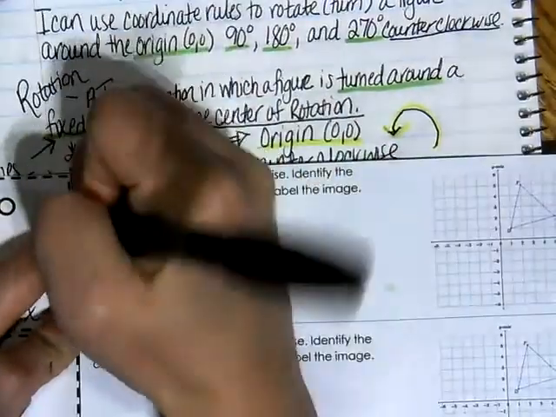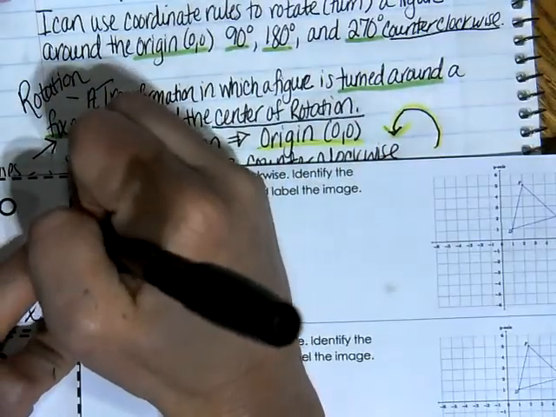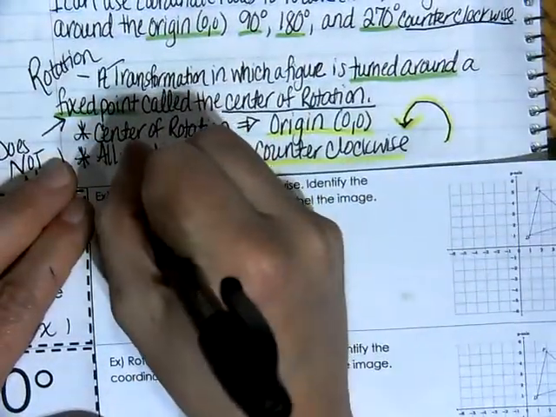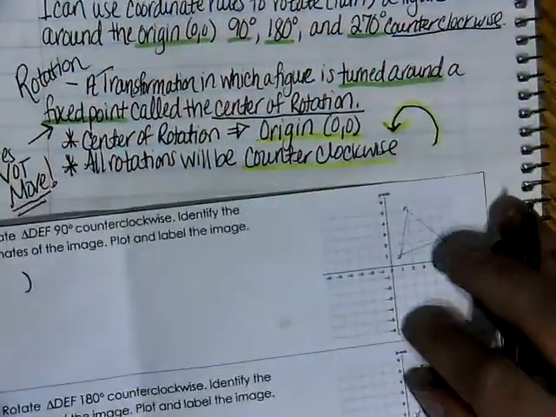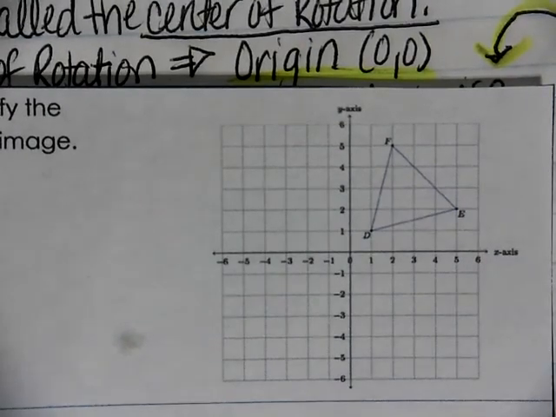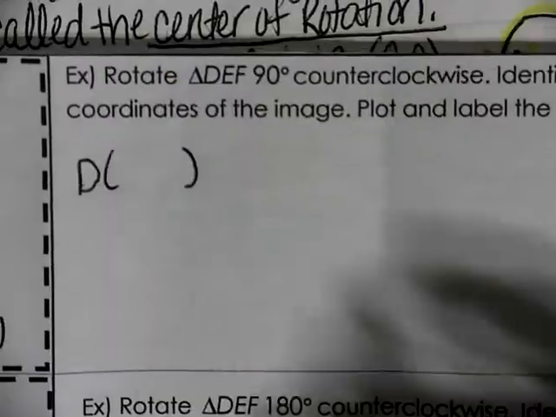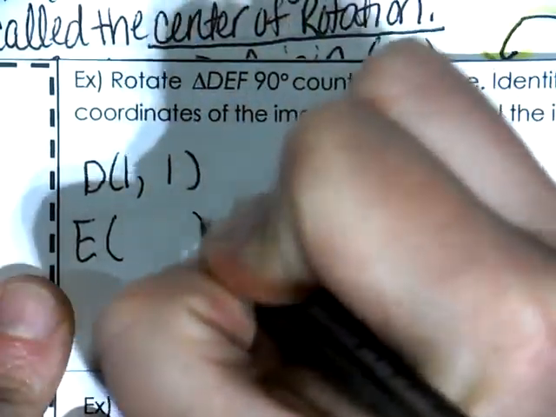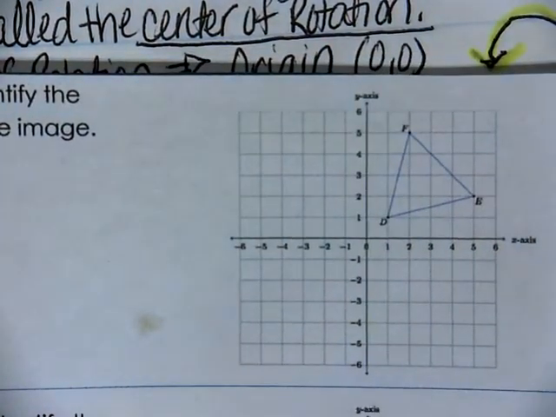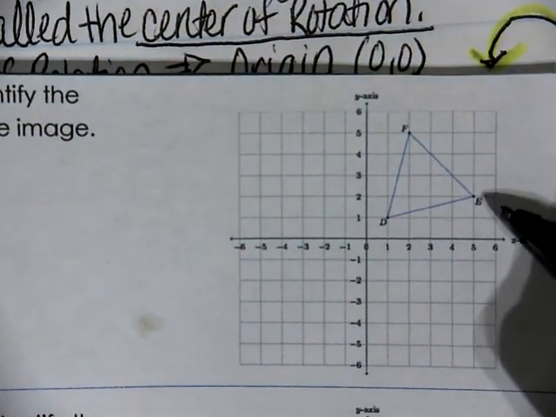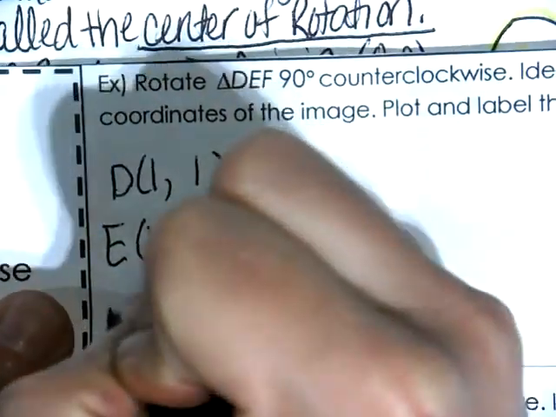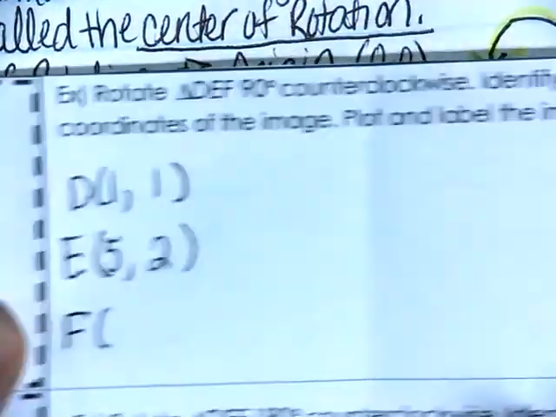So the first thing that I would recommend doing is identifying where D is located. According to our graph, it looks like D is located at 1, 1. So I'm going to write 1, 1. Then I'm going to identify where E is located. E is located at 5, 2. And then I'm going to identify where F is located.